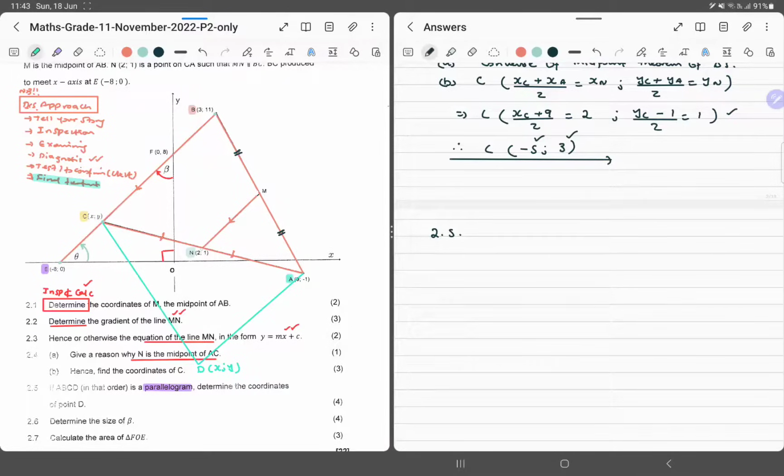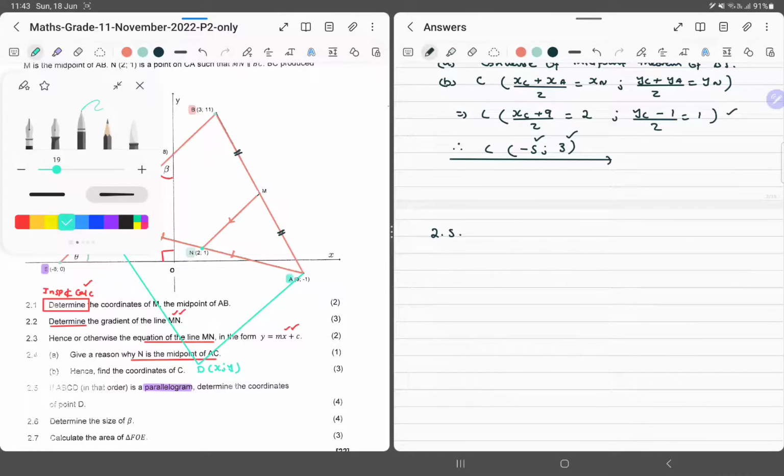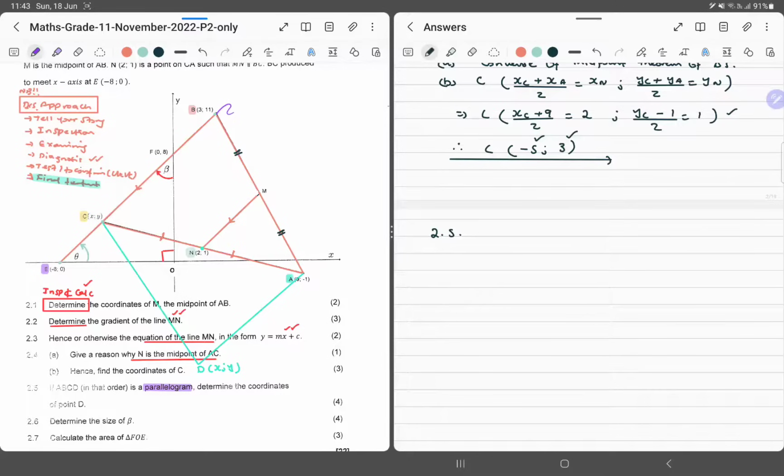We know that N is the midpoint of CA. So we know that the diagonals of a parallelogram bisect each other. So there is another diagonal here. The other diagonal should be coming from there, passing through the point of intersection and getting there. Not quite.